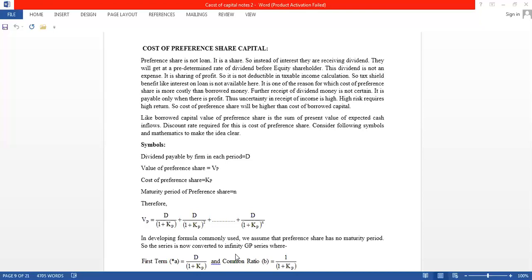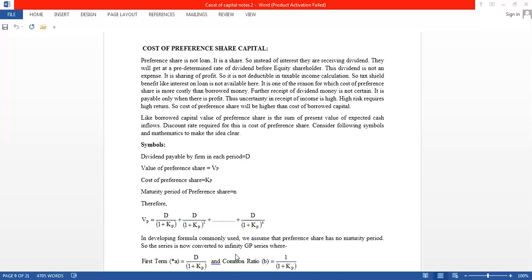So we will not deduct the dividend paid to preference shareholders at the time of calculating taxable income. Hence, no benefit is available on dividend paid by the company. So that makes the preference share capital costly.